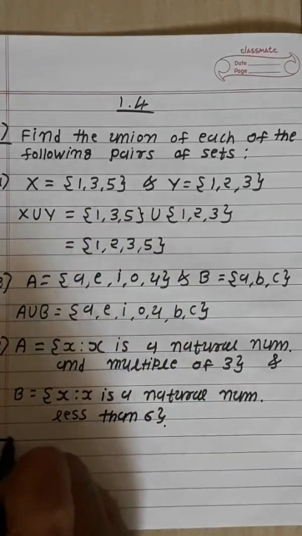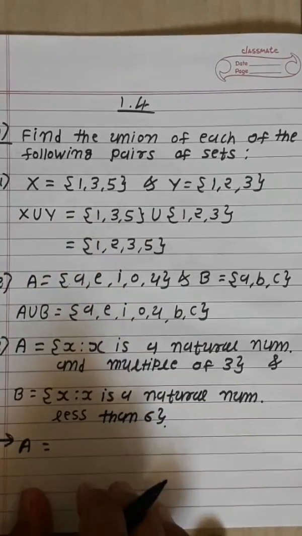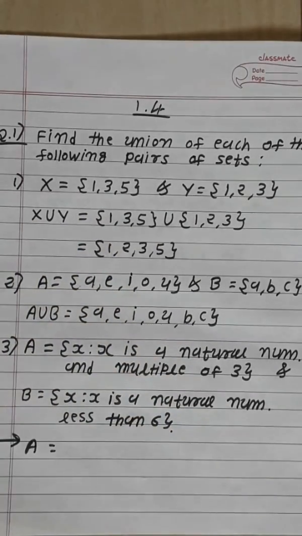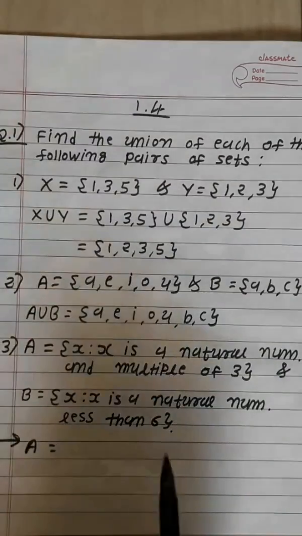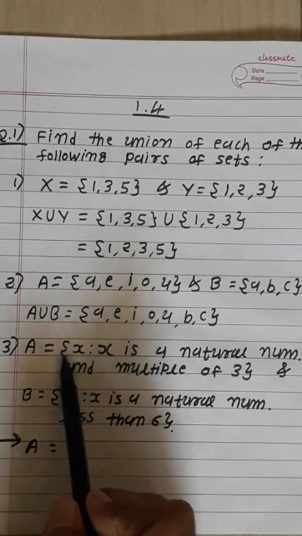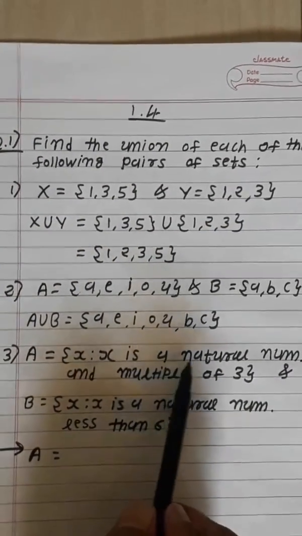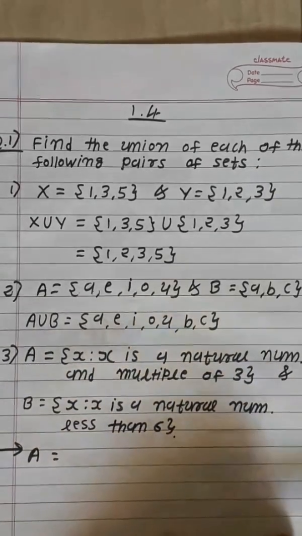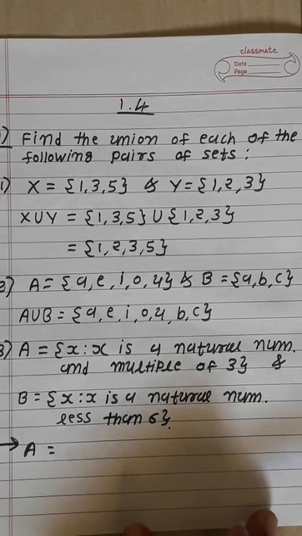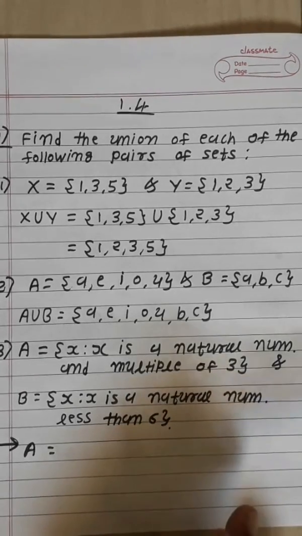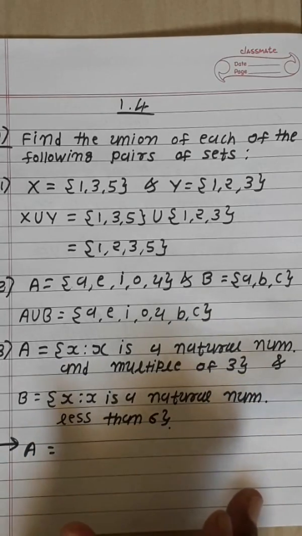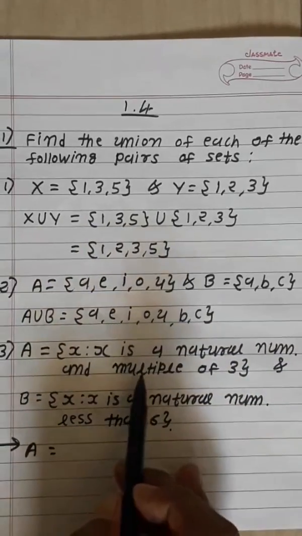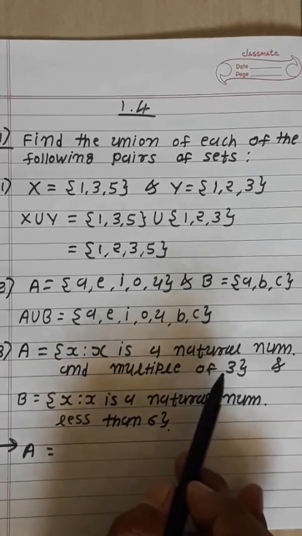So now here in set A, first of all a condition is present: A is equal to the set of x, where x is a natural number and a multiple of 3. We know that natural numbers are 1, 2, 3, 4, 5, 6, 7, 8, and so on, but here one more condition is present: multiple of 3.